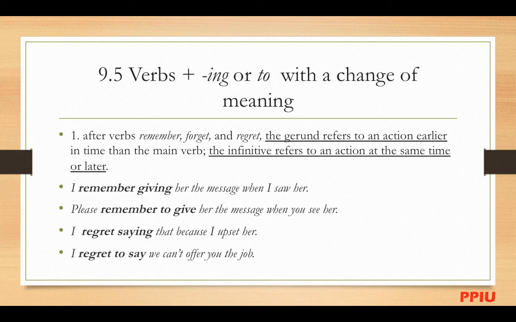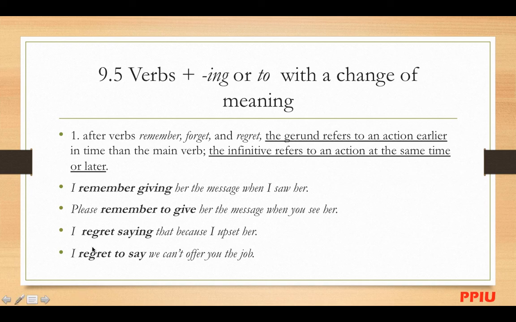For example, you can say I remember doing the homework. When you say that, it means you have already finished your homework. But if you say I remember to do the homework, you remember to perform the task, but you haven't finished your task yet. And you regret too.